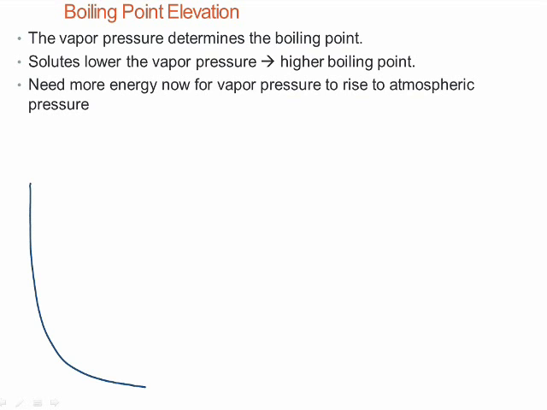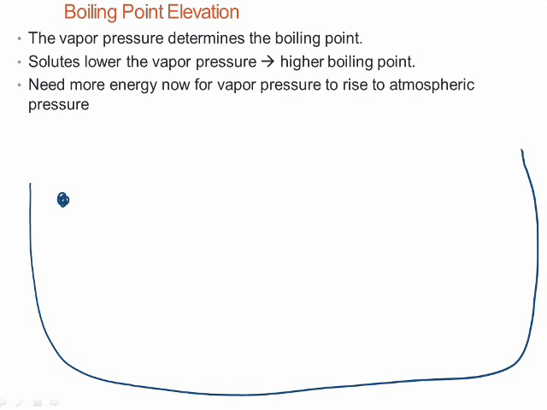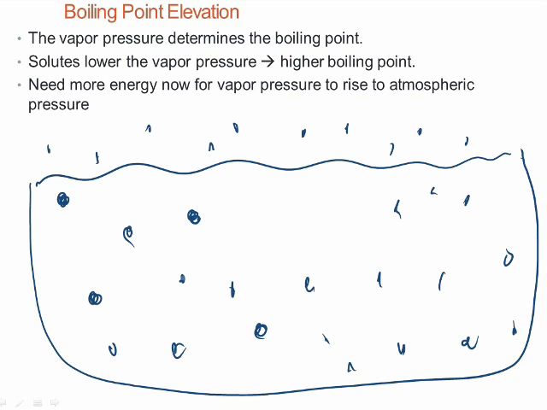So let's give an example here. Let's say here's Sacred Heart students, and on a normal day, there's vapor pressure here. Students create the vapor pressure. Some students escape, but once that vapor pressure equals the atmospheric pressure from outside, then you guys all boil and leave.